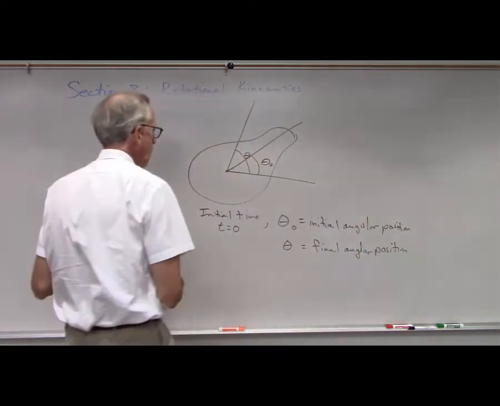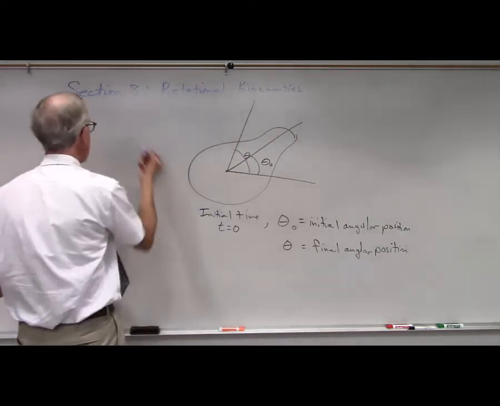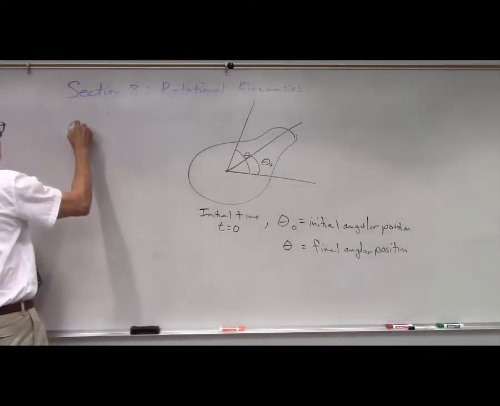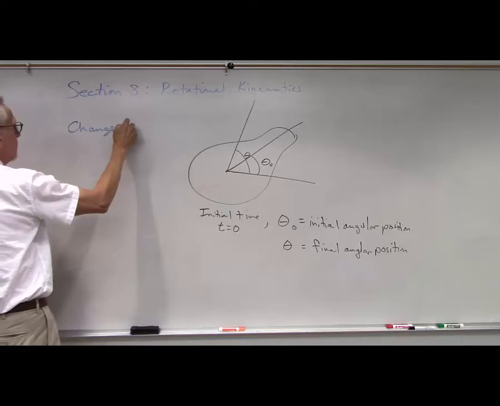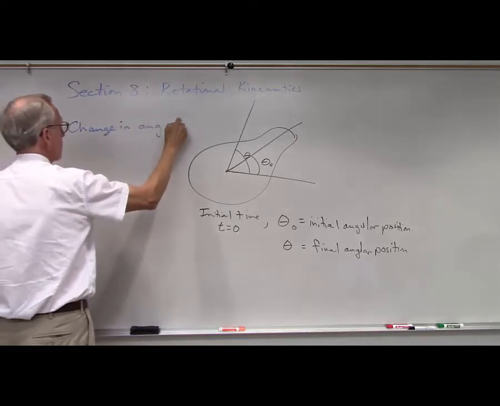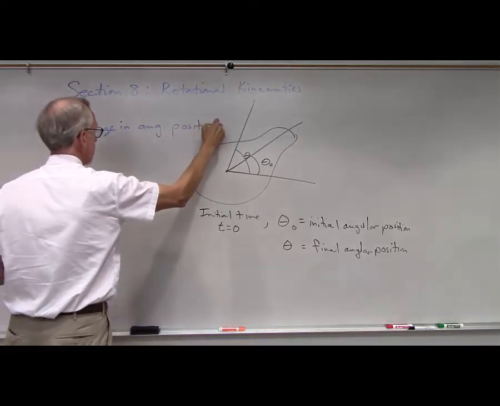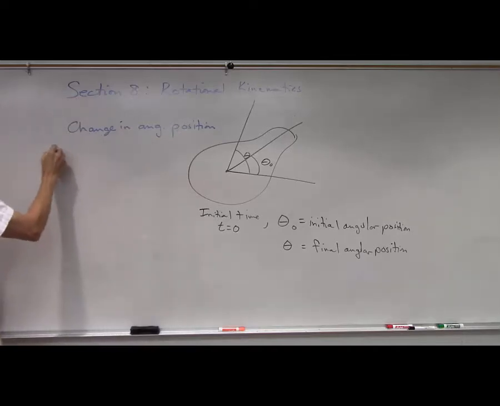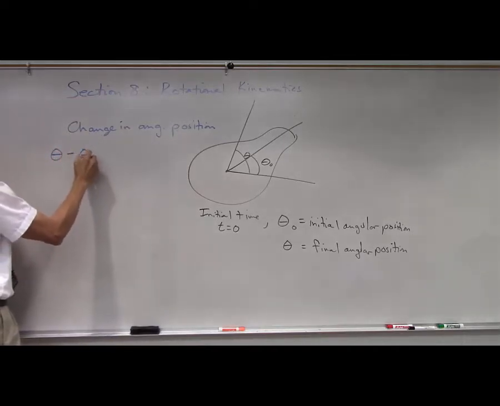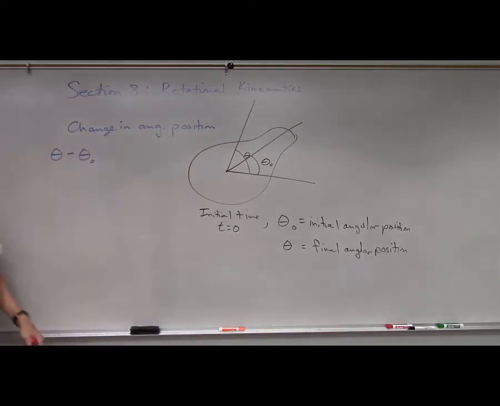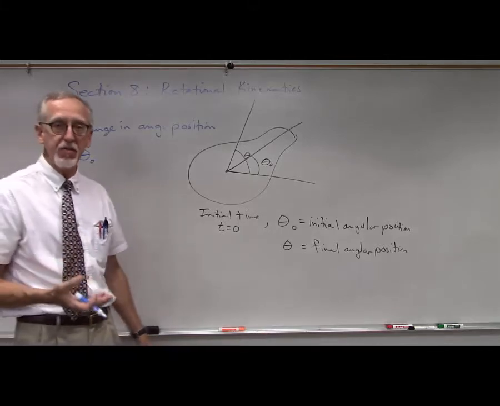Well, we'll define the change in the angular position as the final angle minus the initial angle. So this is a kind of quantity that we've looked at very, very often.